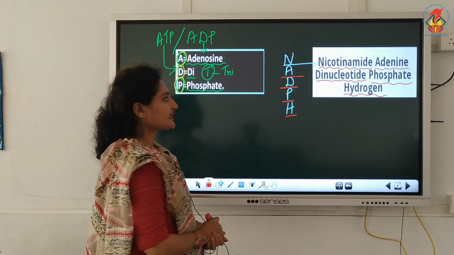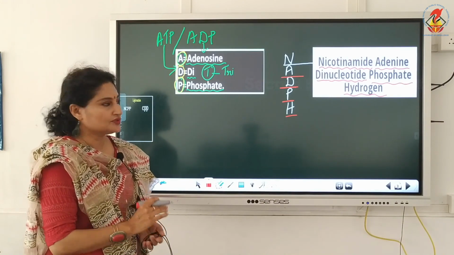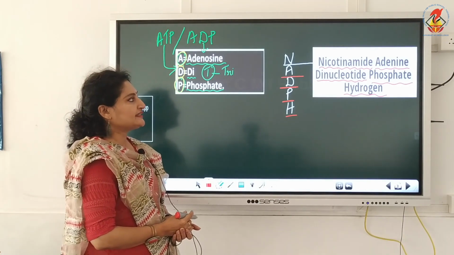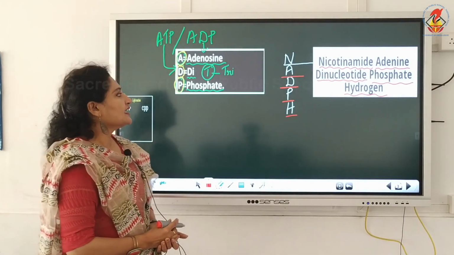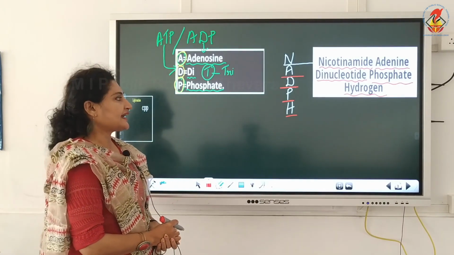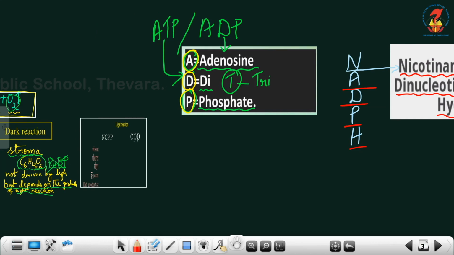So this is the second energy molecule we are going to learn in this chapter, and it is new to you. So you should know the full form. As I proceed, I will only use the standardized abbreviation.